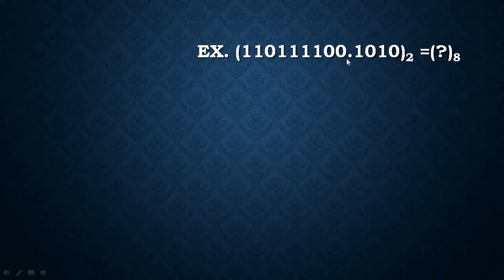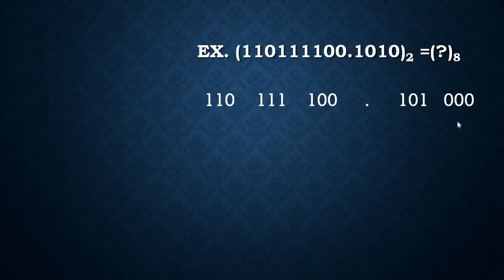We create the first group from the left side as 100, second group 111, and third group 110. Again we put the point and we start the groups towards the right side as 101. So the last 0 remains single. We have to neglect it, or we have to append 2 extra 0s to create the group as 000.